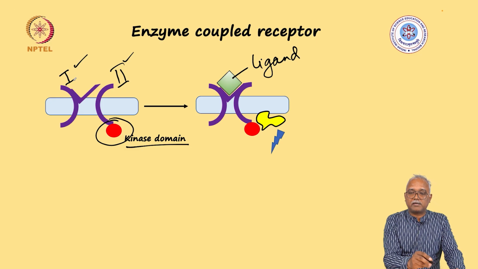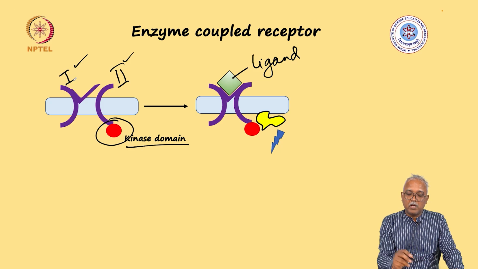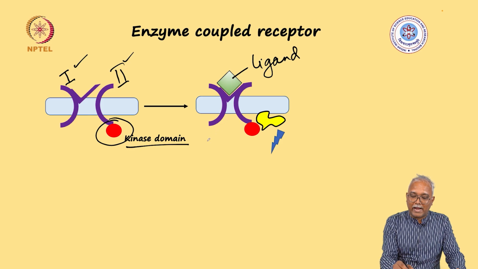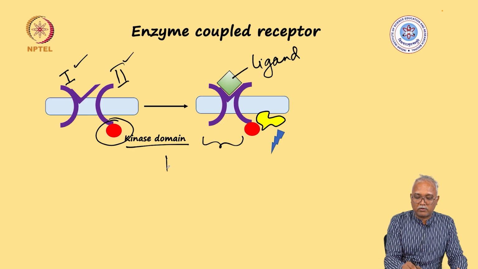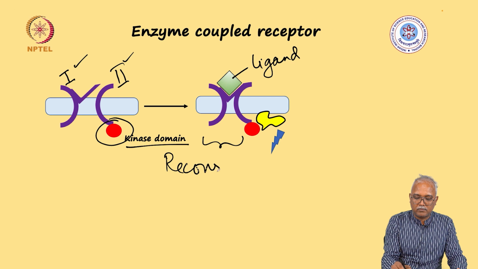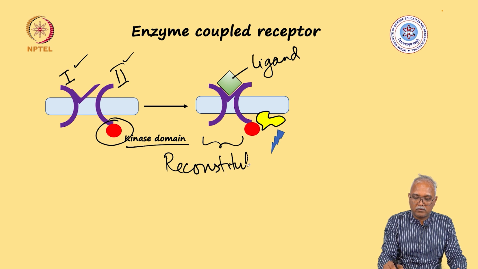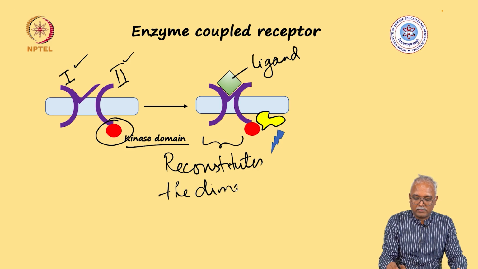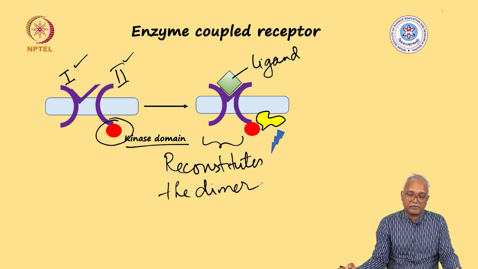When they are different, it is a heterodimeric situation. So what generally will happen when the ligand binds? What it ends up doing is reconstitutes the dimer, and this is one of the first steps towards the activation of the signaling.